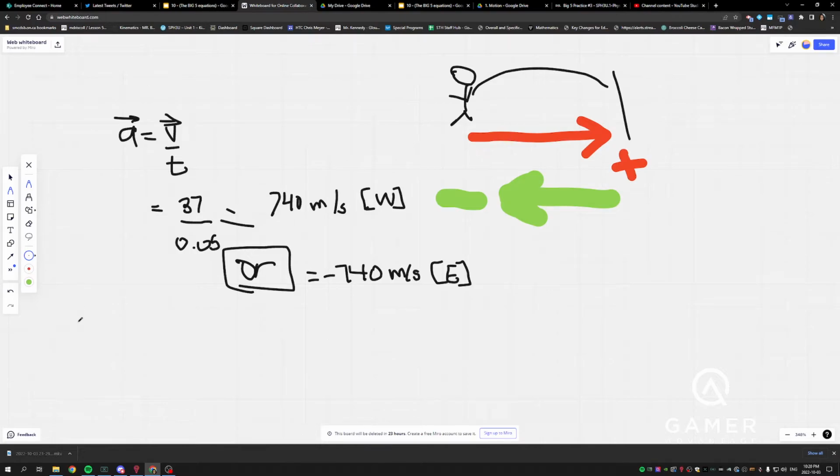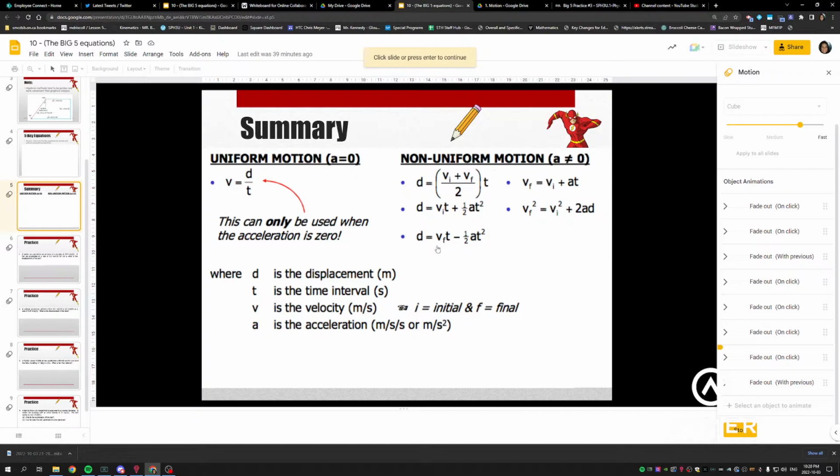So for part B, now it wants me to find displacement. And to do that, I need to use my velocity, which was originally moving east, and my acceleration, which is now moving east. And I'm going to take a quick look at my equations here. And I notice that I have displacement, I have velocity, and I have time here, as well as acceleration.